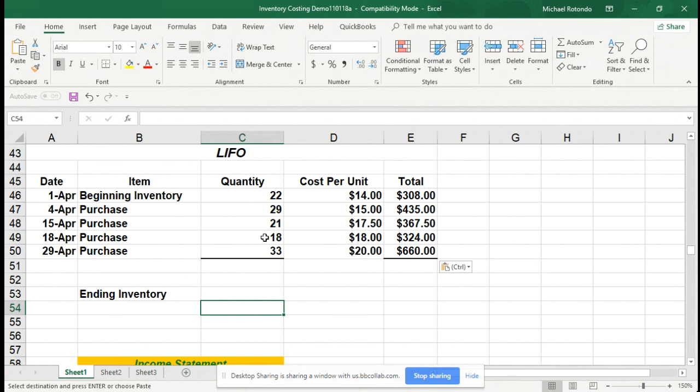Most companies use FIFO, but LIFO is used, but it does present problems because with LIFO now, I'm going to sell my items from my April 29th purchase first. And then I'm going to sell my items from my April 18th purchase and so on. The last items I'm going to sell are the ones from my beginning inventory.